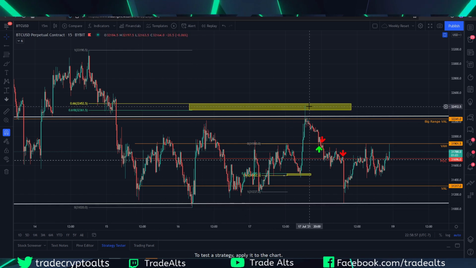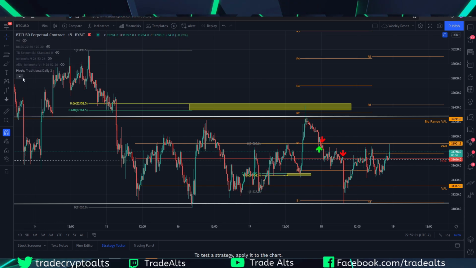Price came right up into this golden pocket. And there's also another confluence here: you had an R2 daily pivot sitting in this general zone. So there were quite a few reasons for us to consider this level quite a bit of resistance, right?